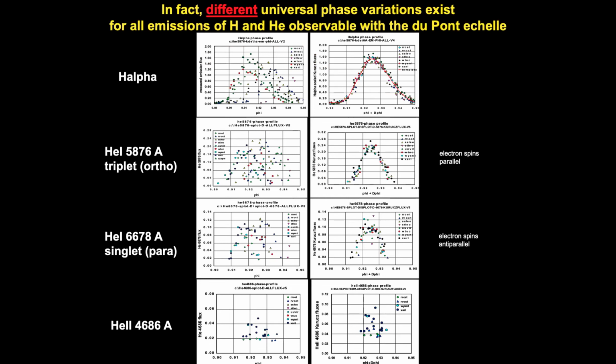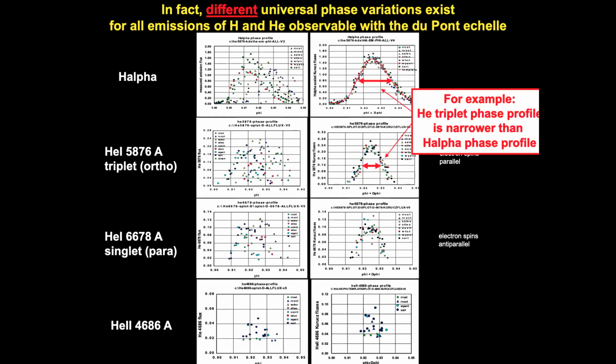For example, the helium triplet phase variation is narrower than the H alpha emission profile. You can see plainly there. But there's one for 6678, the singlet, and then for helium-2, I can just make the profile smear narrower, but that doesn't help. It's too weak a line to do anything with.